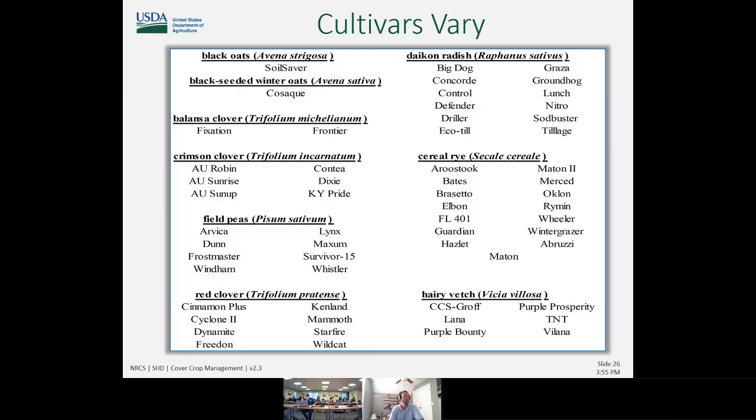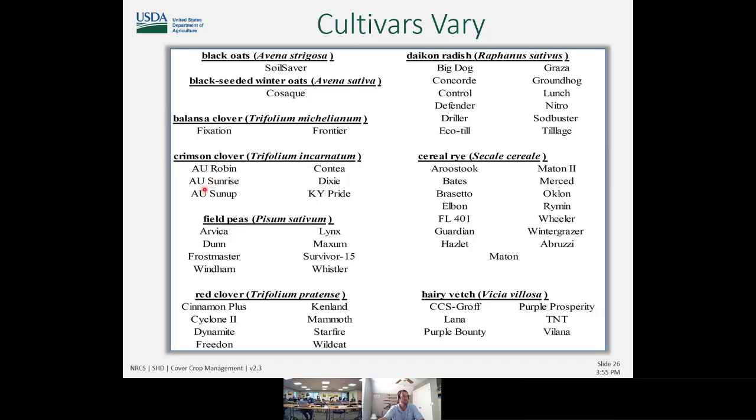So I mentioned earlier that cultivars may vary, and this is really based off of what the producers are looking for in terms of addressing objectives. For instance, with crimson clover, a producer may be looking for clover that could go to flower earlier than the standard, which is usually Dixie Crimson clover.